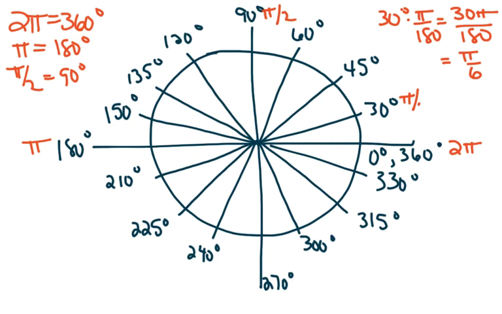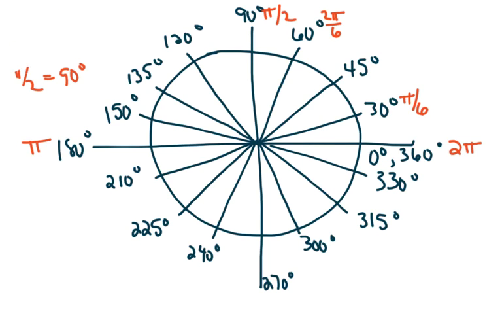So 30 degrees is 1 pi over 6. If you go another 30 degrees, you'll be at 2 pi over 6. If you go another 30 degrees, I'm going to take this out of my way because I'm going to run out of writing space. If you go another 30 degrees, you'll be at 3 pi over 6.